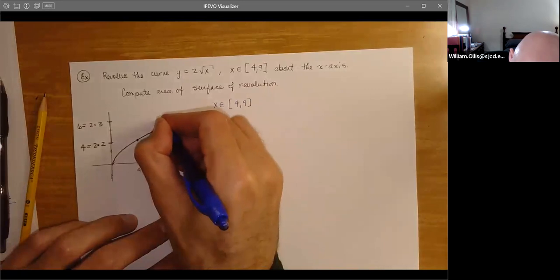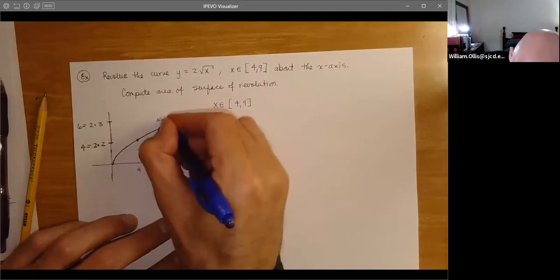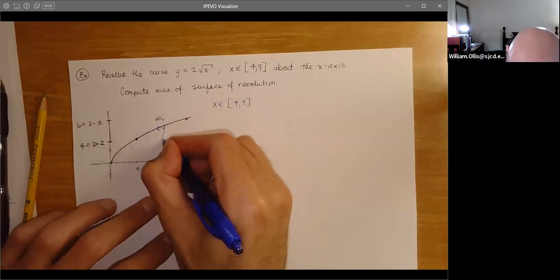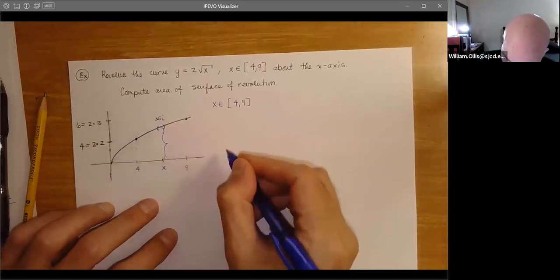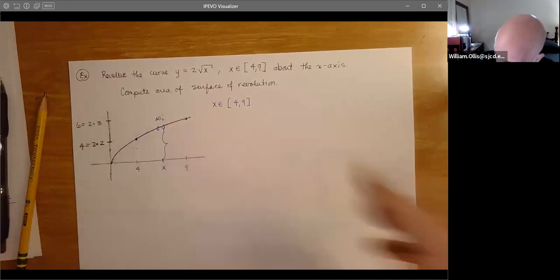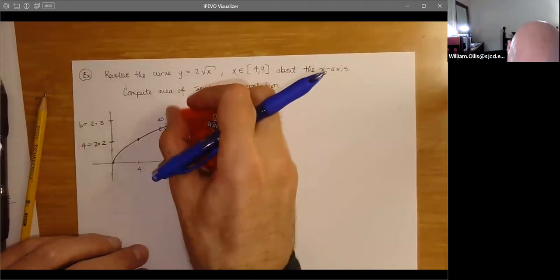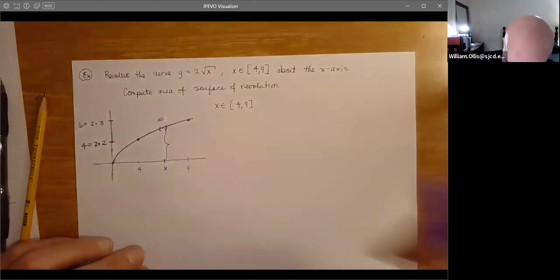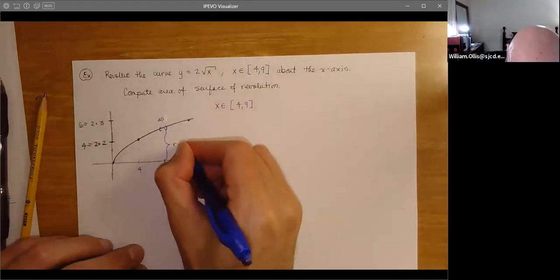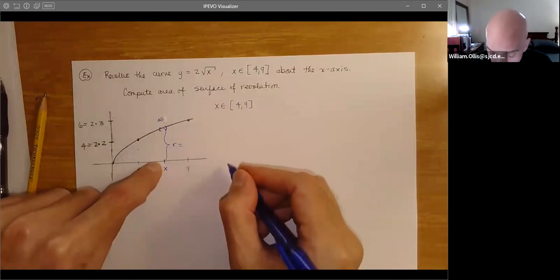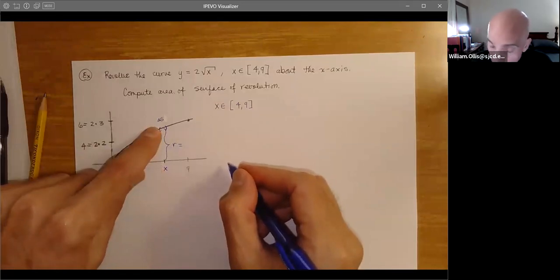So this will just be our delta S sub i. And then, of course, we can look at the distance to the axis of revolution. We don't necessarily even have to use the i. We can just think of that as the element of arc length, just delta S. And then the R will just be the distance from the x-axis to the function.